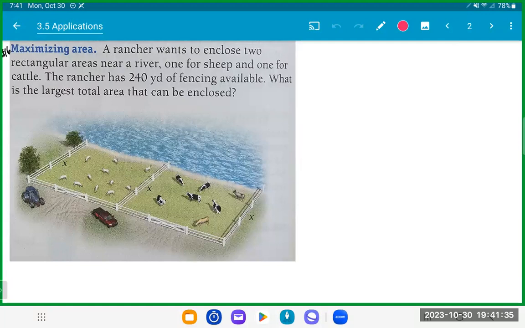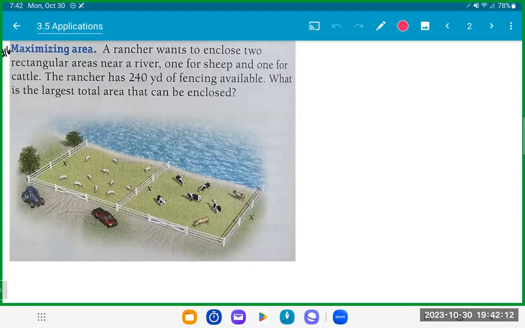The rancher only has 240 yards of fencing, and he asks you to help him determine the largest total area he can enclose. Luckily there's a water side, so we don't have to put fence there. We only need fencing on the outer perimeter and some fence between the sheep's pen and the cattle's pen.